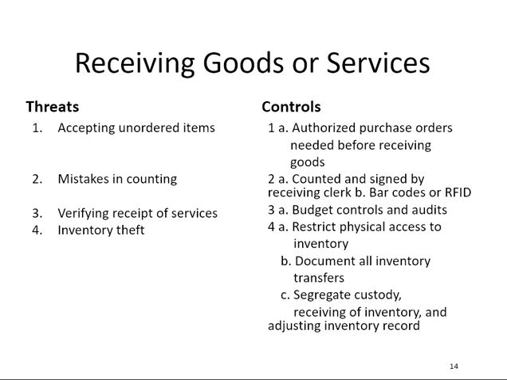And it's important to maintain good segregation among the following three functions: physical custody of inventories, the receiving of inventories, and adjusting the inventory record. These three functions should be well segregated.